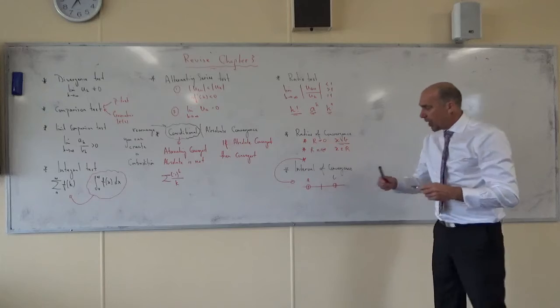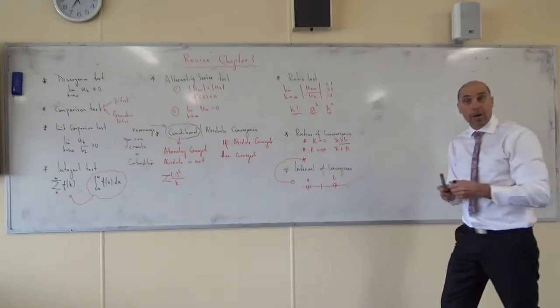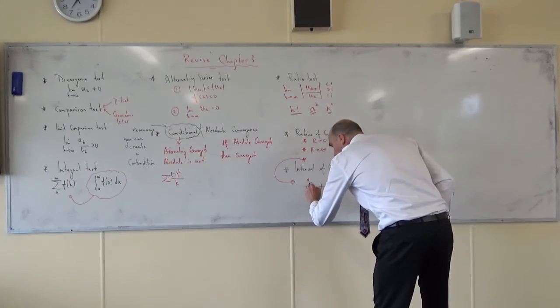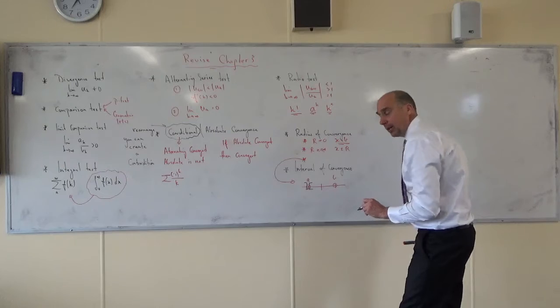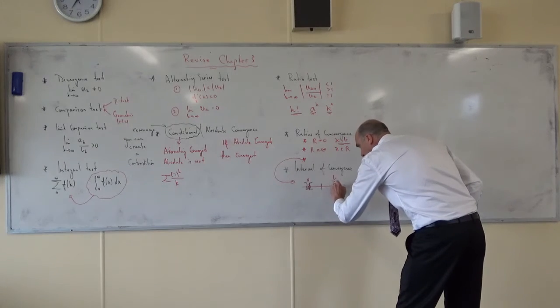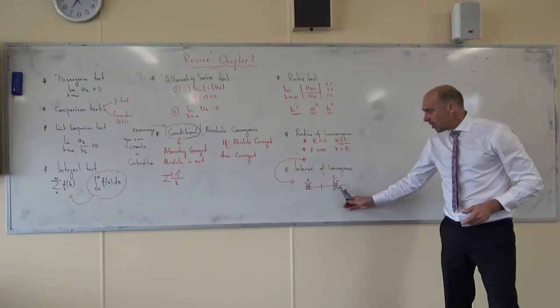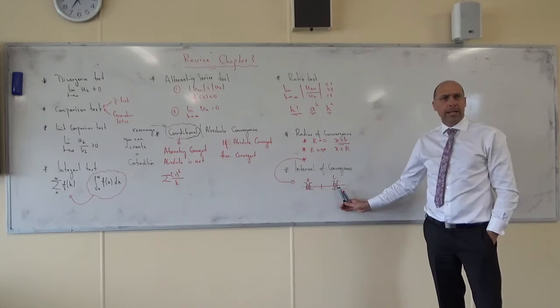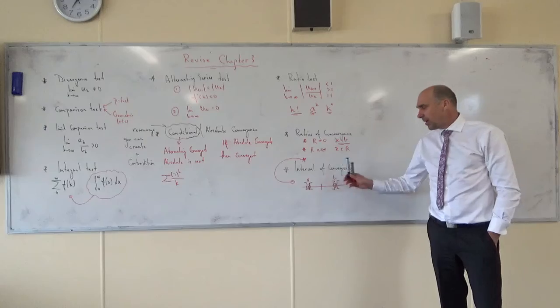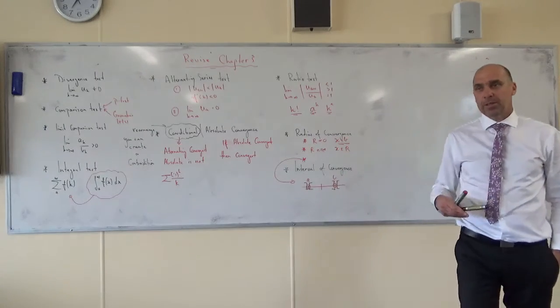We just need to check whether we include a or don't include a, or include b or don't include b. Generally this will be an alternating test. Well, it's hard to say, it depends on what the series is.